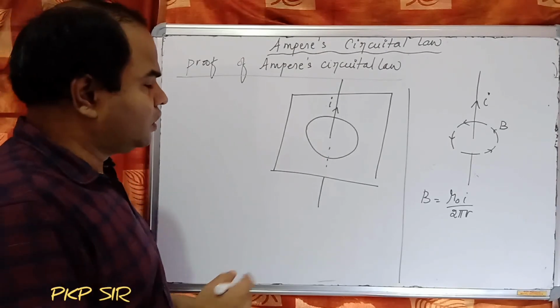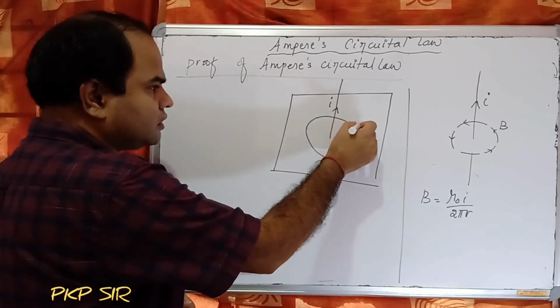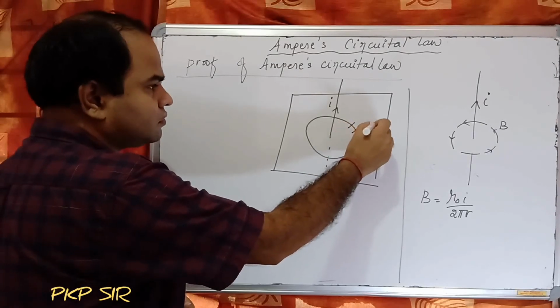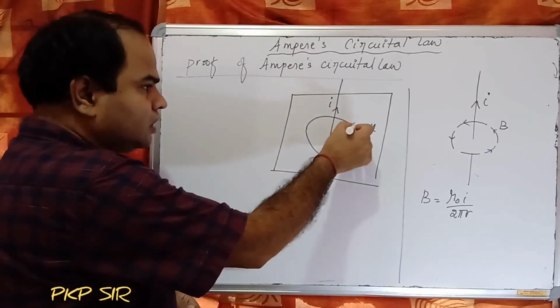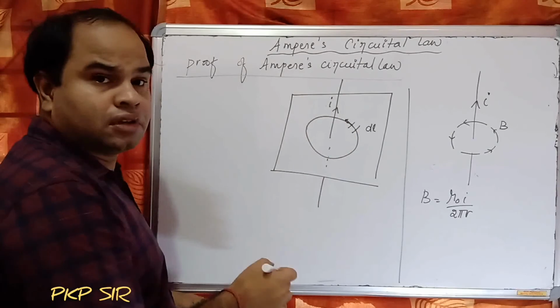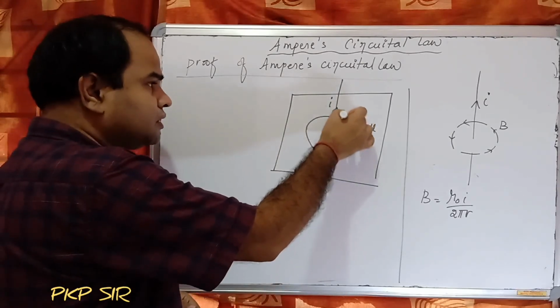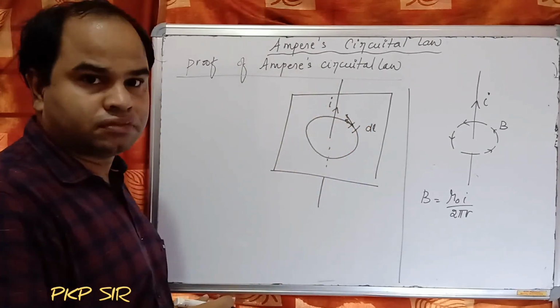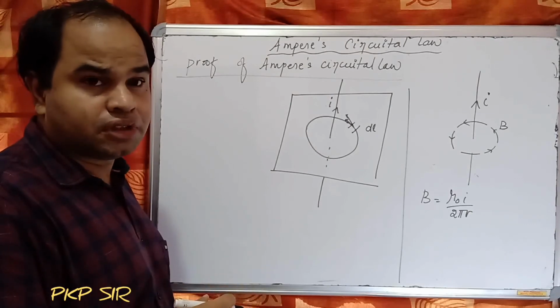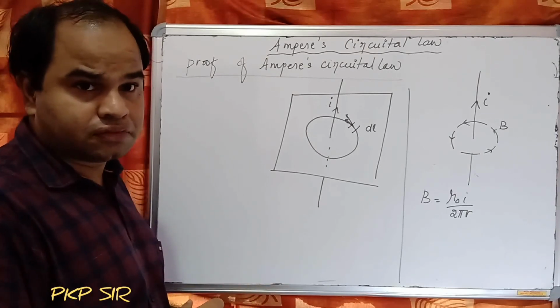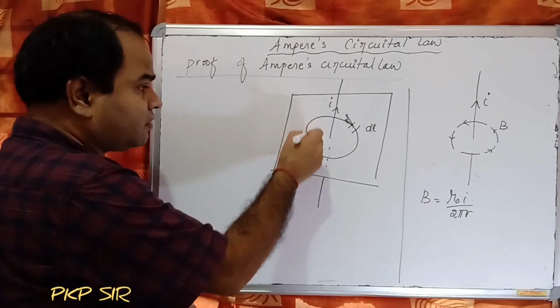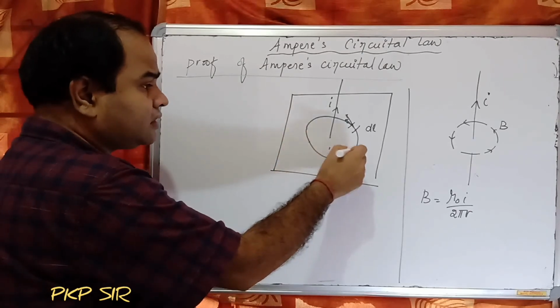So let us consider a small length dl. The magnetic field at this point is also in the same direction. At every point the magnetic field is constant and it is along the tangent.